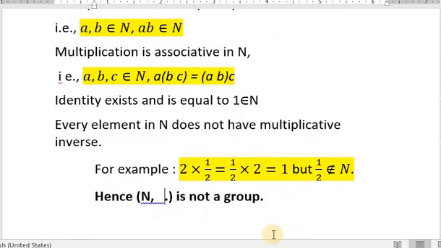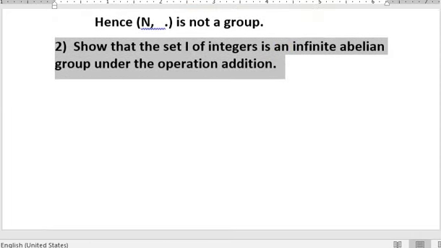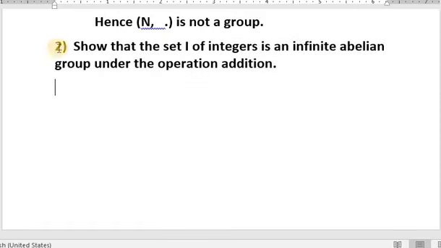Second example. Show that the set of integers I is an infinite abelian group under the operation addition.